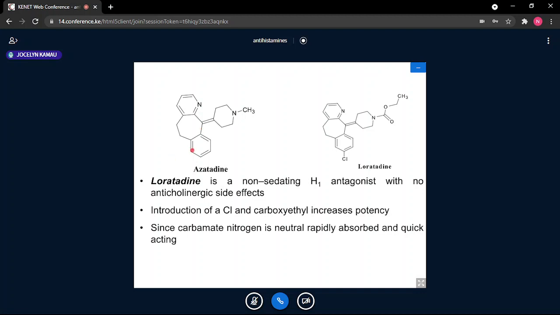So that is azatadine. You can remember our azatadine there. It does not have the chloro group there, but it does have the pyridyl group. So you can see the loratadine and azatadine are structurally similar with a chloro substitution and a change.